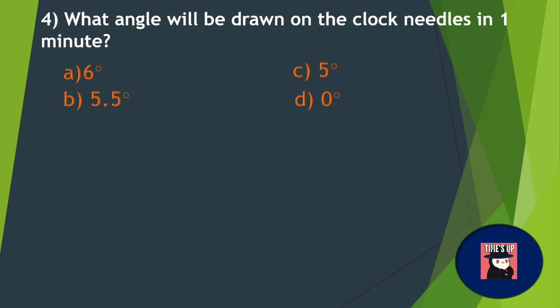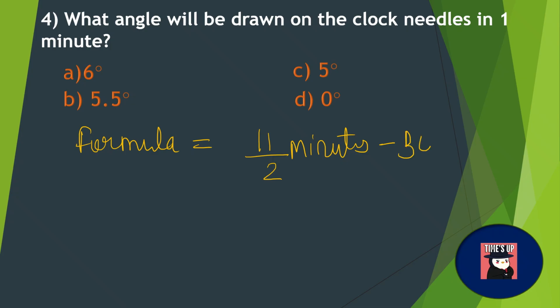So the formula says 11 by 2 minutes minus 30 hour. This is the formula. But they have asked here in the question only for minute. In 1 minute they have said. Hours they have not asked. So you can take only this part.